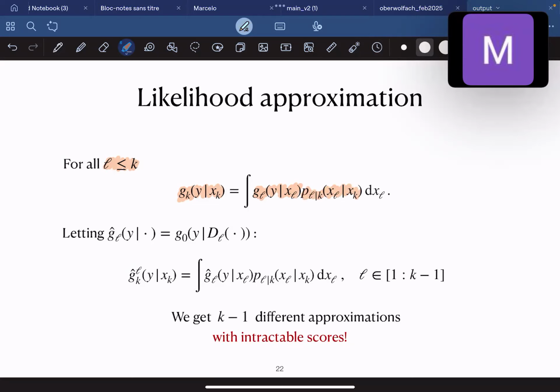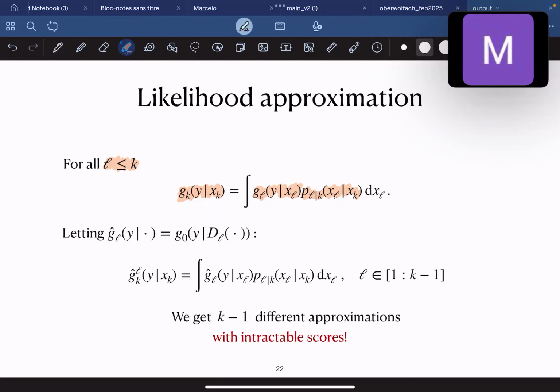Now, based on this expression for g_k, I can use the same approximation: I plug into this integral the DPS approximation for g_l, for any l.